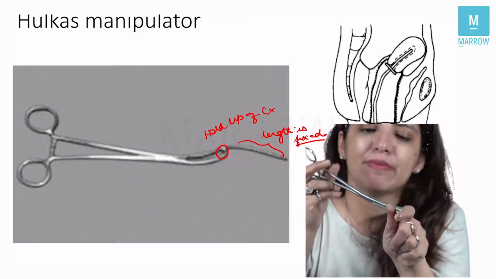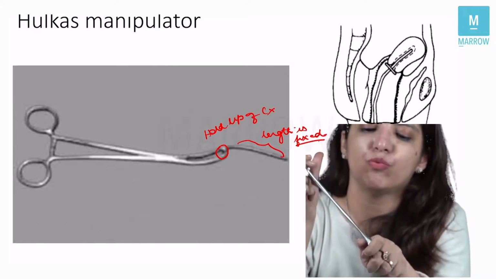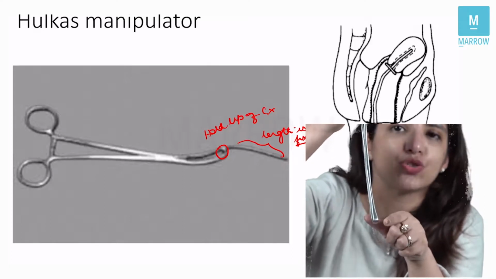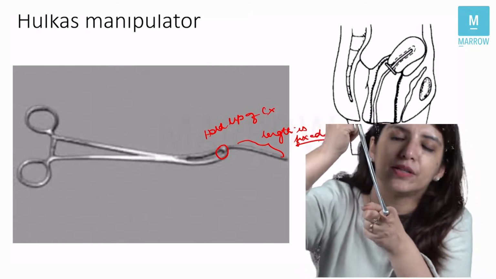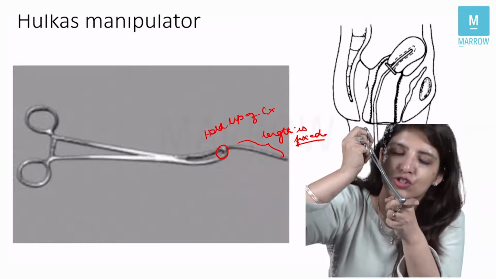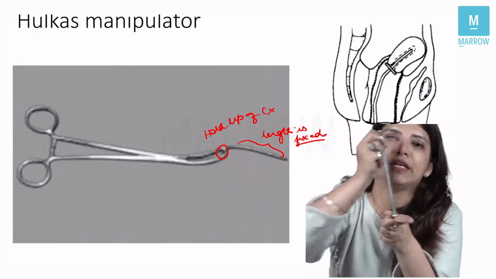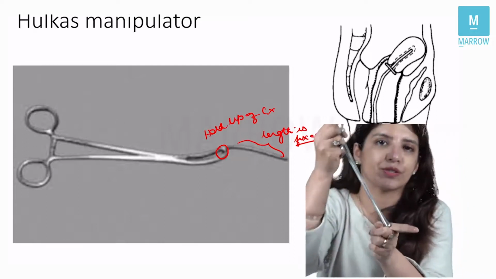This end is going to get attached to the lip of the cervix, and the rod-like structure is going to go inside the uterus, and you can manipulate the uterus.